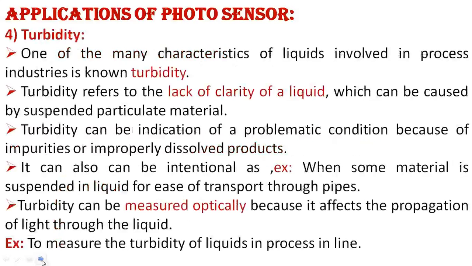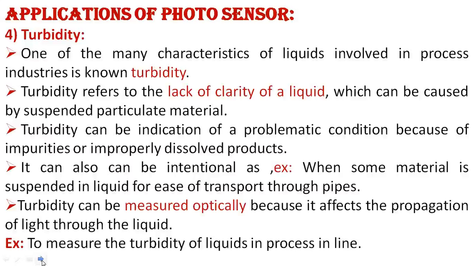Next application is turbidity. One of the many characteristics of liquid involved in the process industry is known as turbidity. Turbidity refers to the lack of clarity of a liquid, which can be caused by suspended particulate material. Turbidity can be an indication of a problematic condition because of impurities or improperly dissolved products.